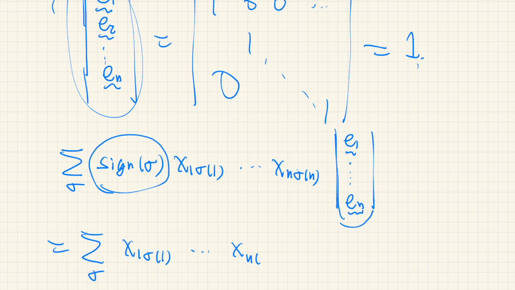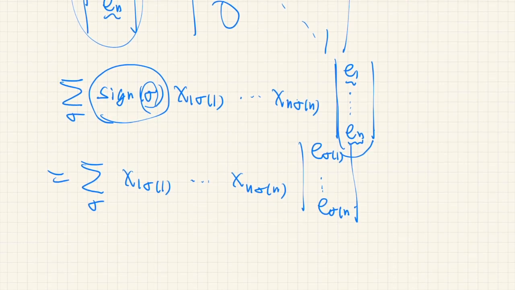Now, this times this can also be expressed as this matrix, where the rows are permuted according to sigma: E sigma 1 and so on, and E sigma n.